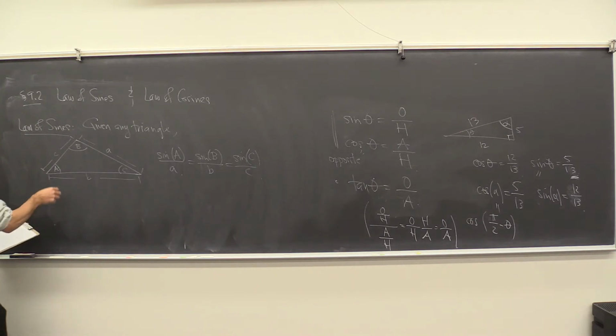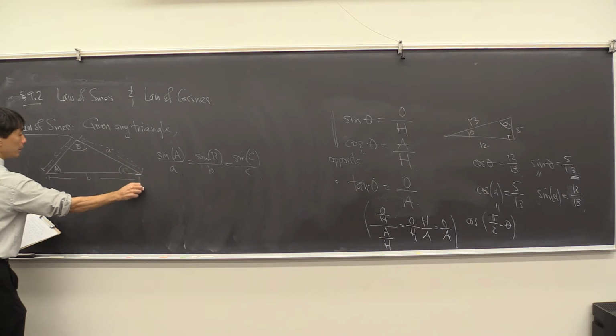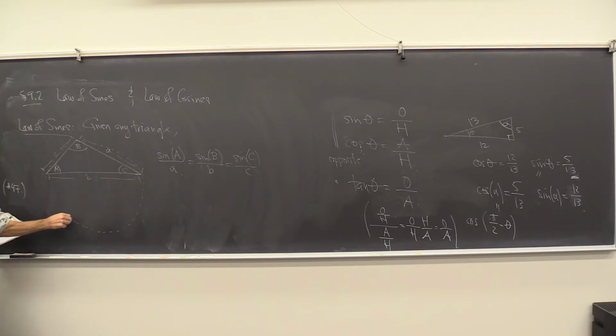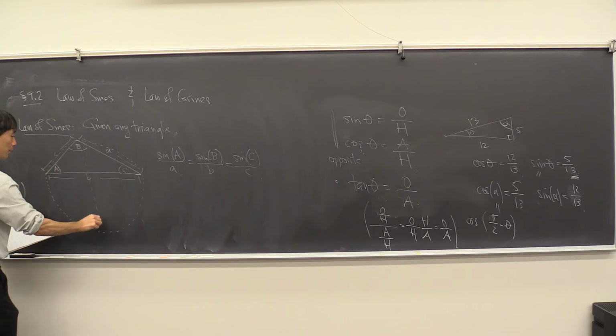In problem 47 in your homework, you'll see that 3 points determine a circle, and that ratio turns out to be the diameter of that circle.